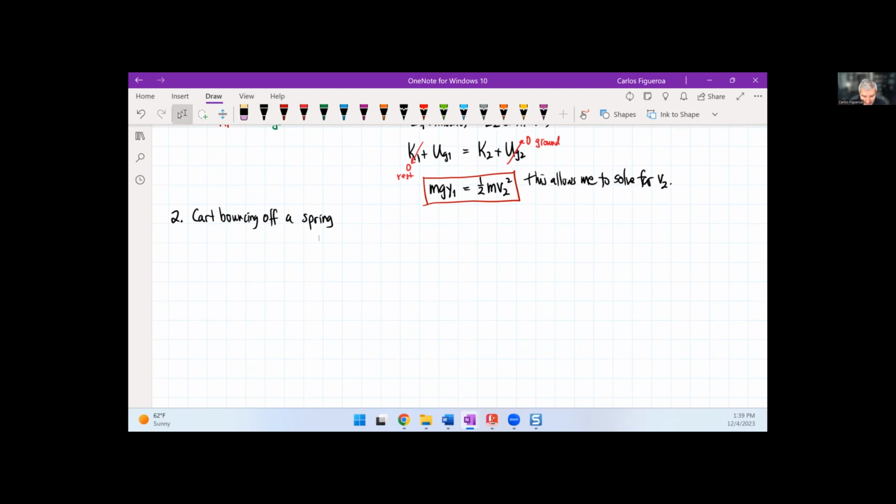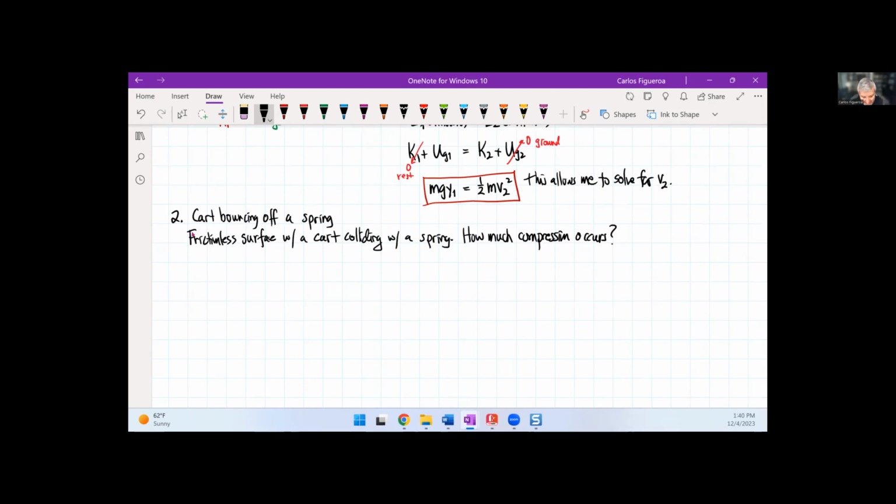So my picture looks something like this. I'm going to imagine that I have a frictionless surface with a cart colliding with a spring. How much compression occurs?